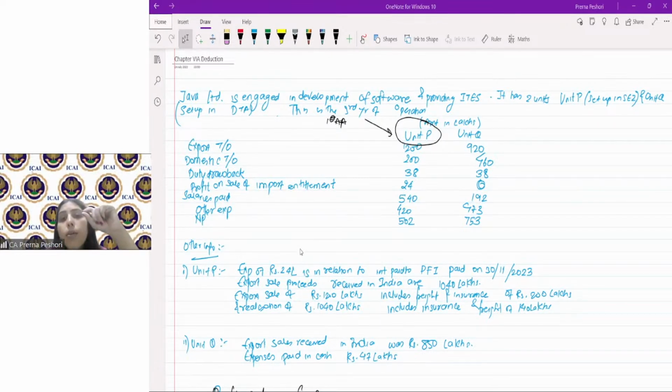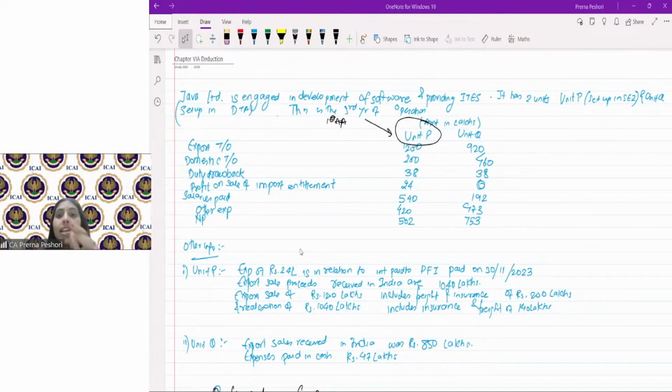So when I'm talking about the export proceeds, I have to consider the export proceeds which are realized. What is the meaning of the export turnover? It means the consideration received in India in respect of the export by the undertaking. So consideration which is received in India, that is the export turnover, and not 1200.